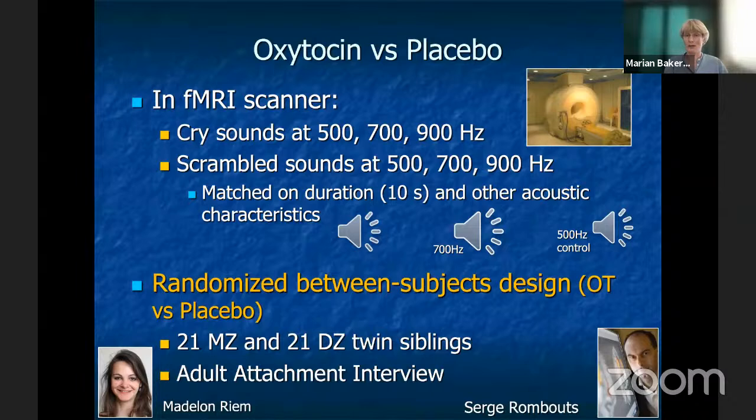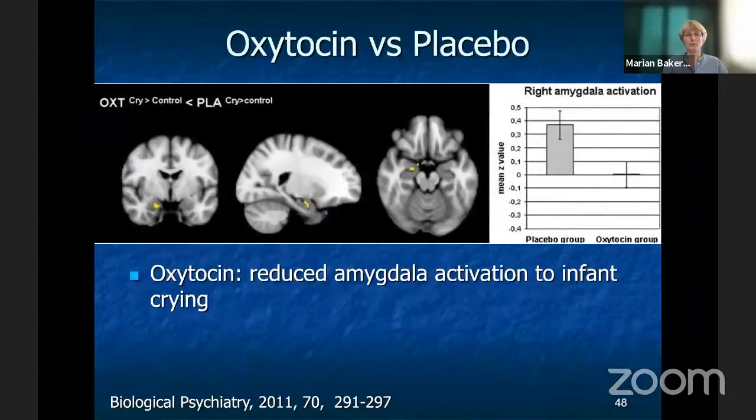We changed. I now ask fathers to even do 3 measurements in the fMRI scanner, but then we thought we'll have the ideally matched participant for the other condition. So twin siblings, one received oxytocin, one received placebo, and they were interviewed with the adult attachment interview.